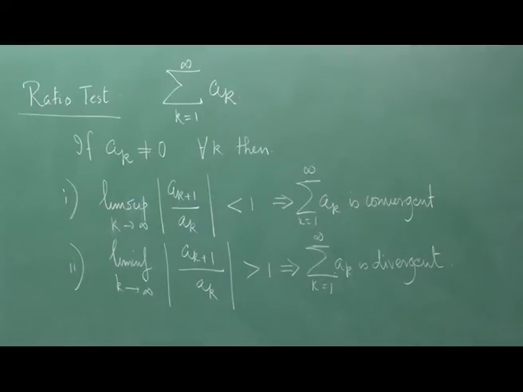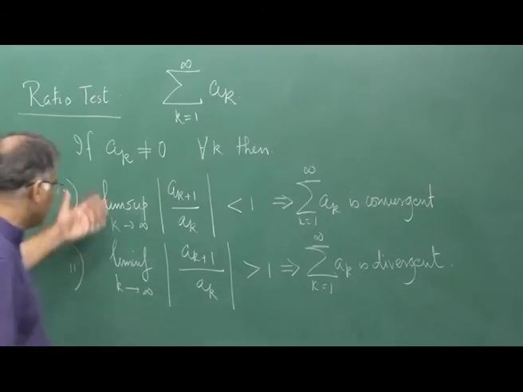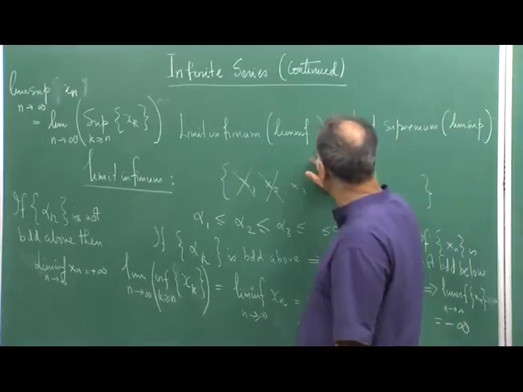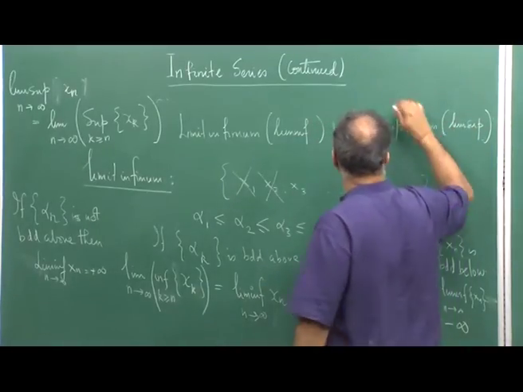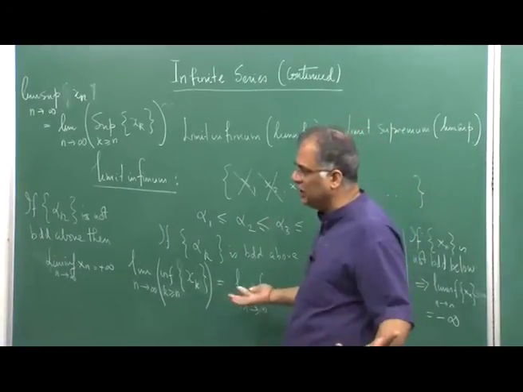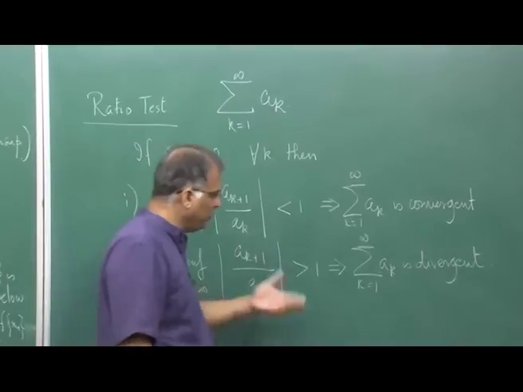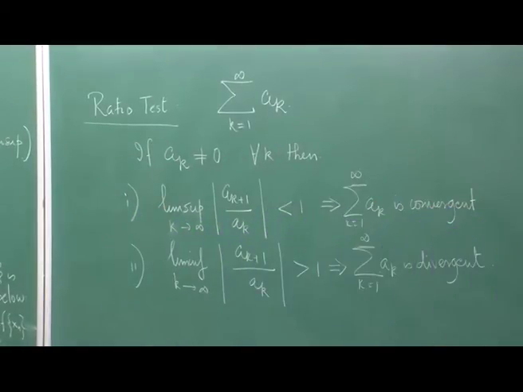Now, you can ask me a very crucial question. What if that lim sup is equal to lim inf? See, when a limit exists in a sequence, then lim sup is equal to lim inf, they are the same. So, suppose the limit exists and lim sup equals lim inf equals 1, then what will happen?